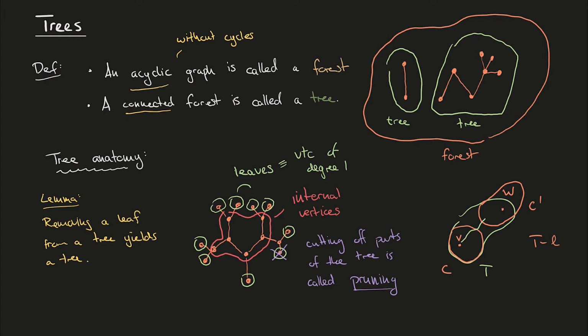So I'll draw this path in green, and this is a path in T. However, in the graph T minus L, so that's the tree without one of the leaves, this path no longer exists. So how is this possible? Well, the only way that this is possible is that we've removed one of the vertices that is part of this path. So that, in fact, this would actually be the vertex L. But now L is a vertex that is internal to this path from V to W, and so that means that L has degree at least 2.